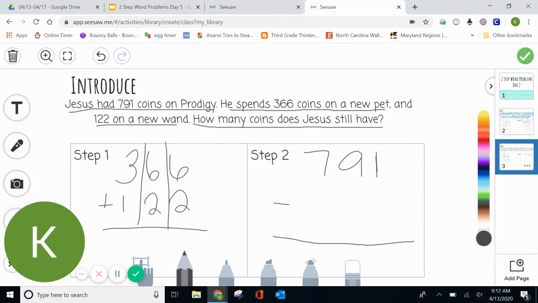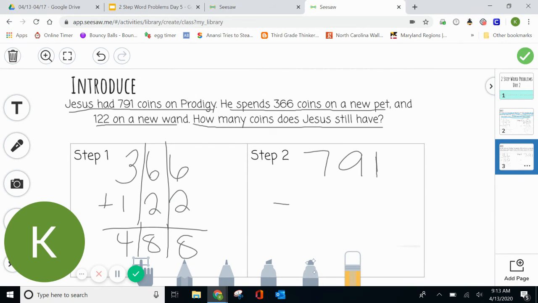6 ones plus 2 ones is going to be 8 ones. 6 tens plus 2 tens is going to be 8 tens. And then 300 plus 100 is going to be 400. Jesus has already spent 488 coins.